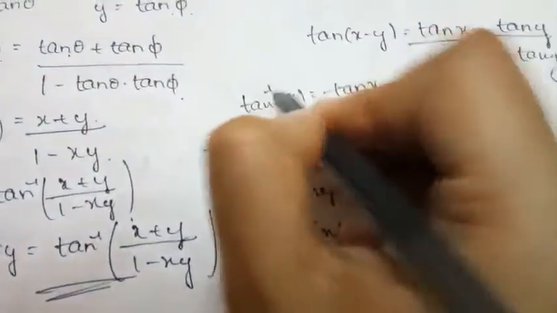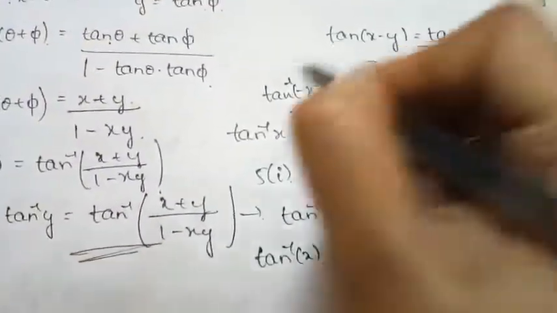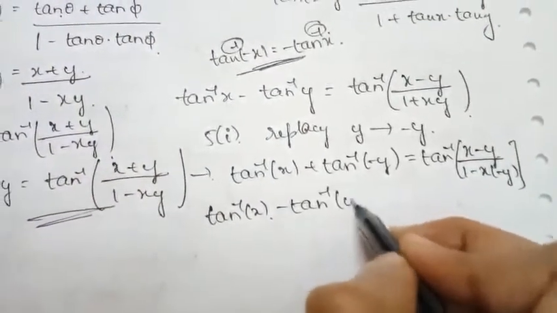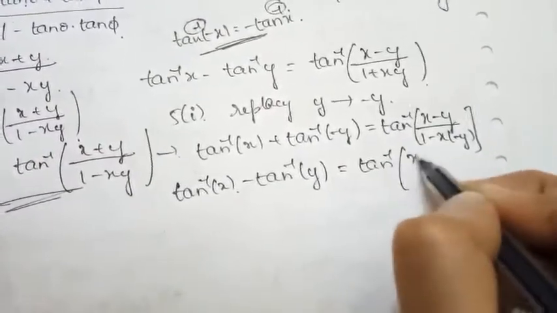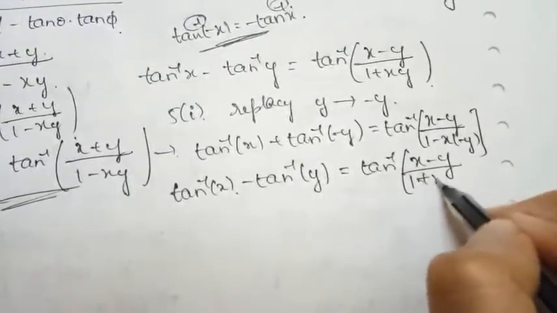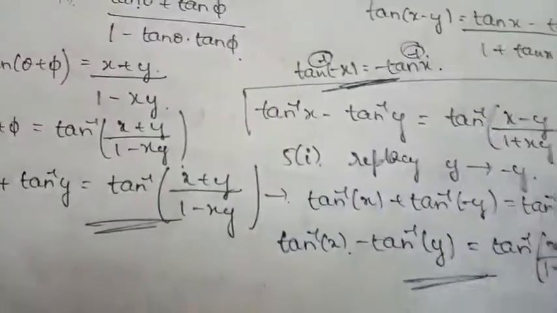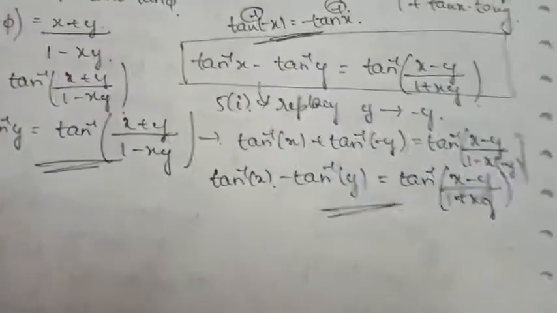Sorry, not tan, it is tan inverse. So don't make this mistake, students, remember this one. So tan inverse of x minus tan inverse of y is equal to tan inverse of x minus y divided by 1 plus xy. This is how we proved the other property, just by replacing y by minus y.